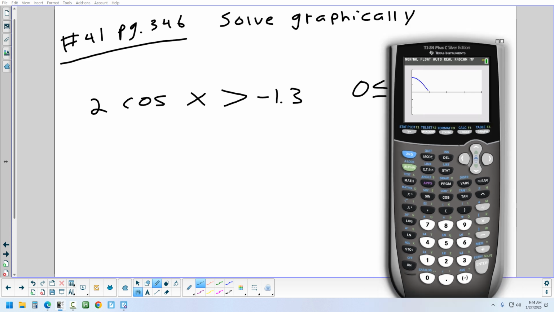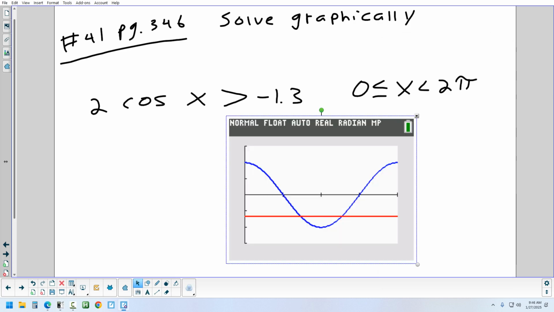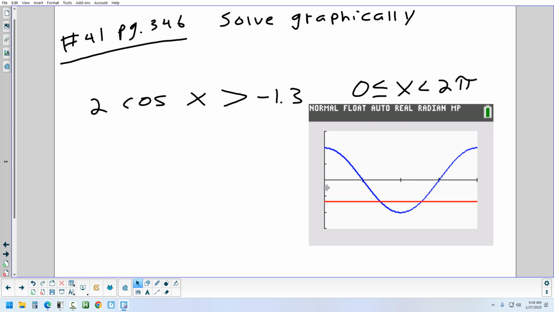Okay, we are looking for where the wave is above the horizontal line. How many sections is the wave above the horizontal line? Yeah, 2. Okay, we need to look at 2 sections.